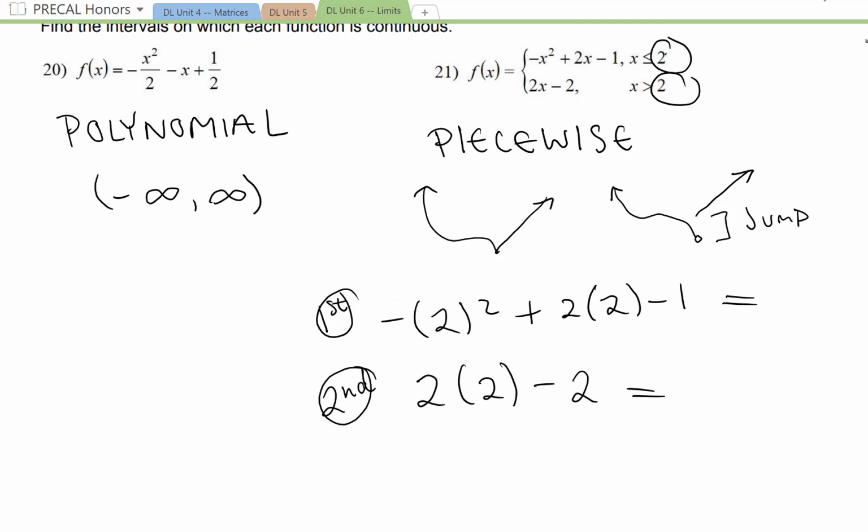Negative 4 plus 4 is 0 minus 1, and then 4 minus 2. Okay, these numbers do not match up, therefore this function has a jump discontinuity at x equals 2.